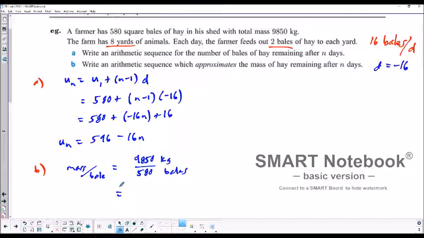Then as we do this calculation together, we get a value that is 16.9827, which is approximately equal to 17 kilograms per bale.